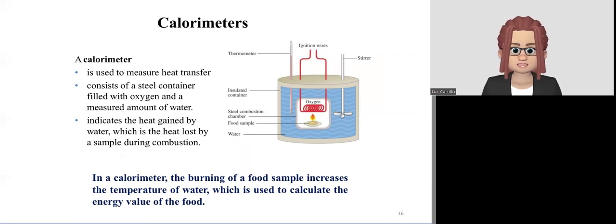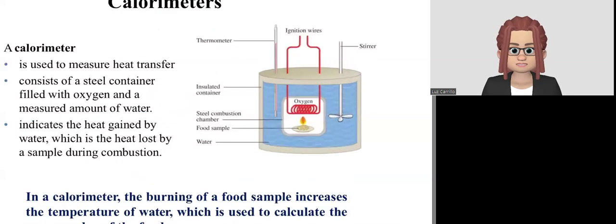As a summary, in a calorimeter, what happens is that the food sample that you're interested in is going to be burnt. That's going to release energy, which is going to be captured by a temperature difference in water. And that's what's utilized in order to calculate the energy value of food.